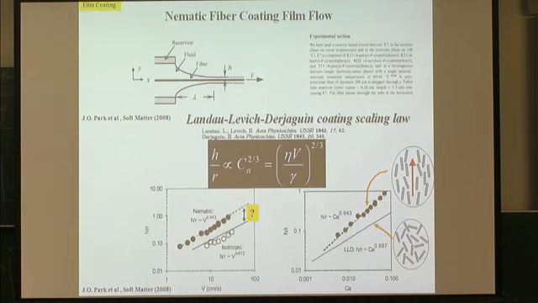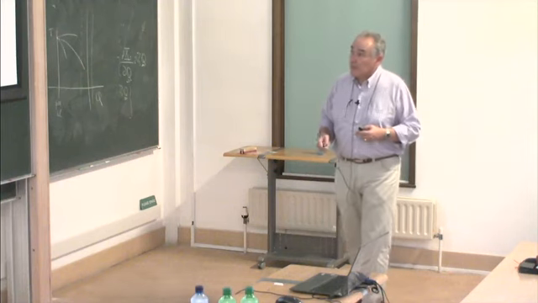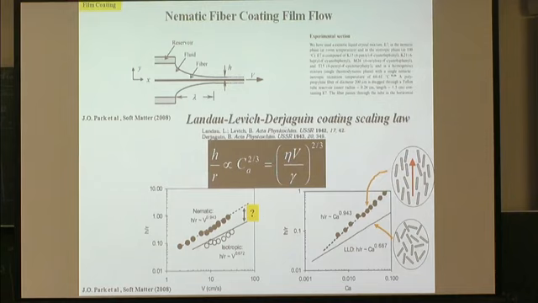H is the thickness of your coating, and the classical fluid mechanics is the Landau-Levich-Derjaguin coating scaling law, which tells you that the film thickness divided by the radius of the fiber scales with the capillary number to the 2/3, where the capillary number is viscosity times velocity of the fiber divided by interfacial tension.